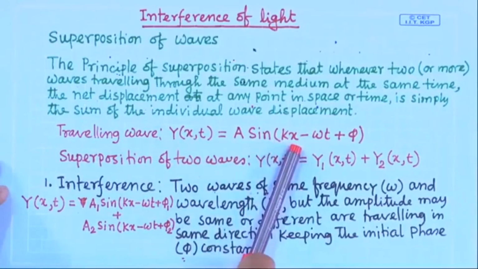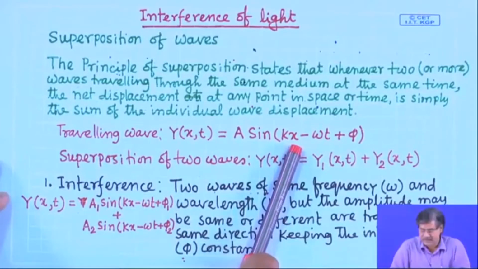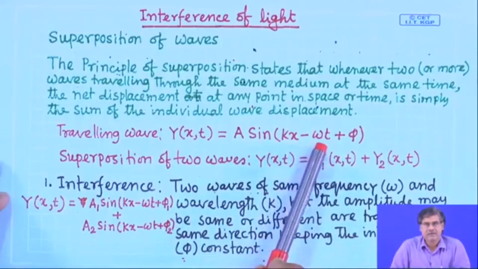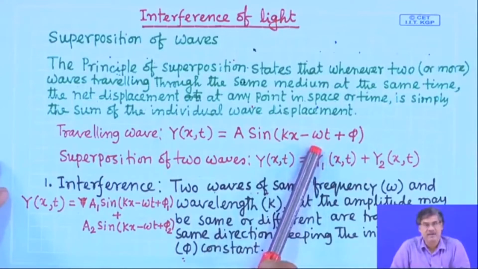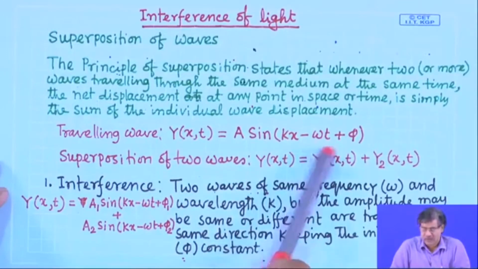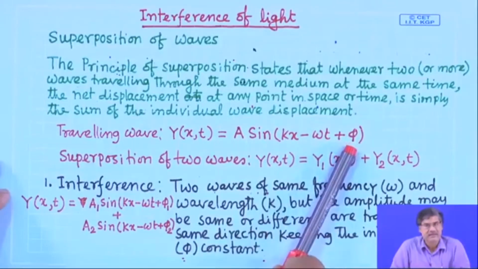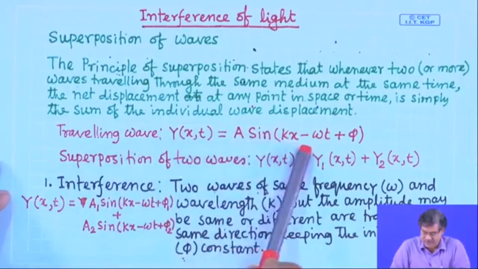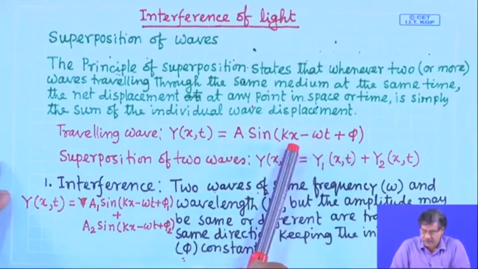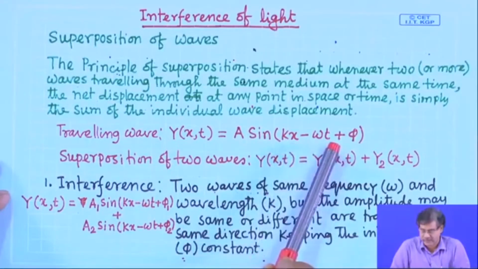Then minus ωt, where ω is the angular frequency, 2π/T, plus φ, where φ is the initial phase. So, it is a function of x and t.